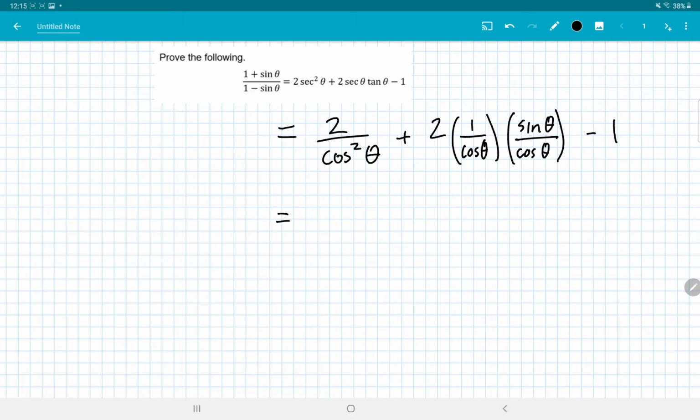The next step, let's consolidate this middle term. So we have 2 over cos squared theta plus 2 sine theta over cosine squared theta minus 1.